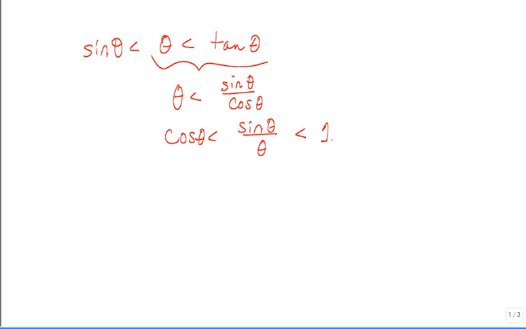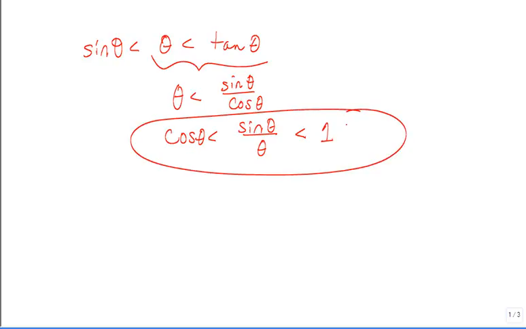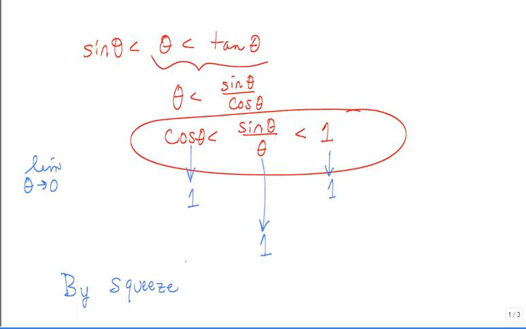But that was less than 1, which we previously showed. Now, if we take the limit as theta goes to 0, cosine theta goes to 1. This is already at 1, so this goes to 1. And we can go back and change all those to less than or equal, that's an okay thing to do.